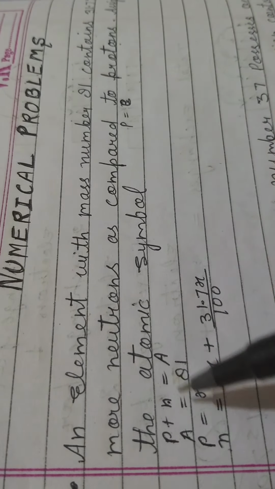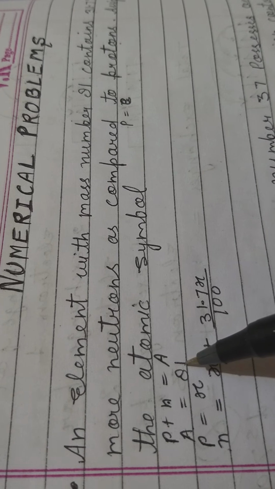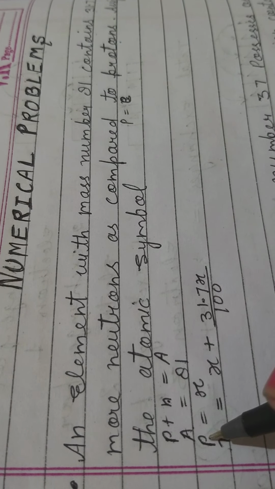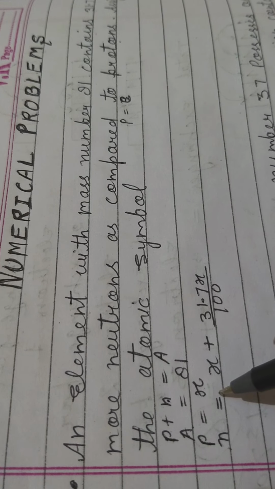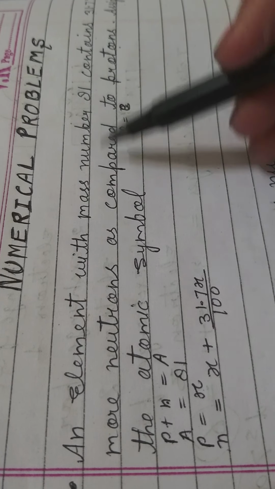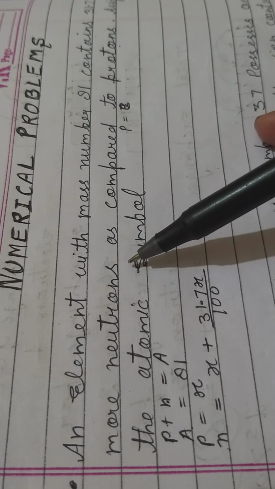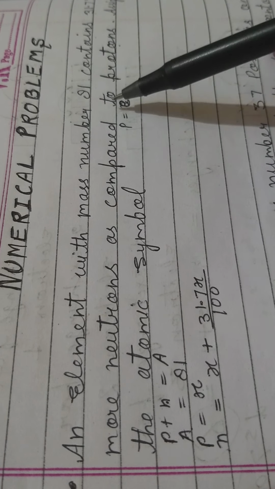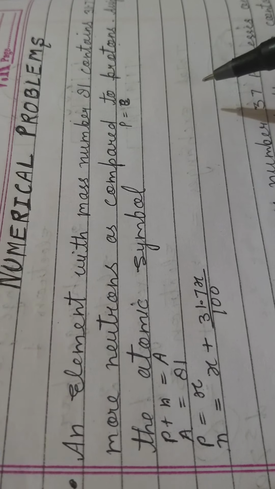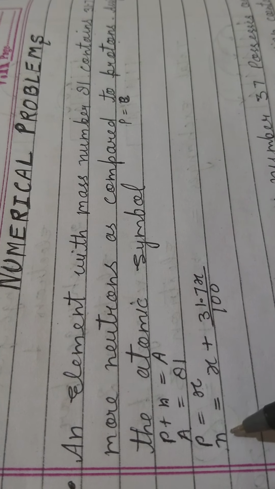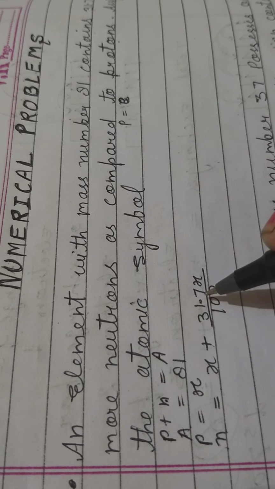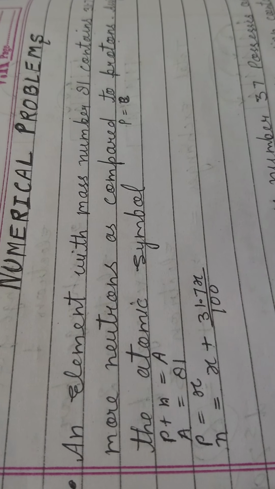So here the atomic mass is given as 81. Okay, so the proton number is not given. So let us consider the number of protons to be x. As it is given in the question, the number of neutrons is 31.7% more as compared to the protons. So we have to write the number of neutrons equals x plus 31.7x upon 100.